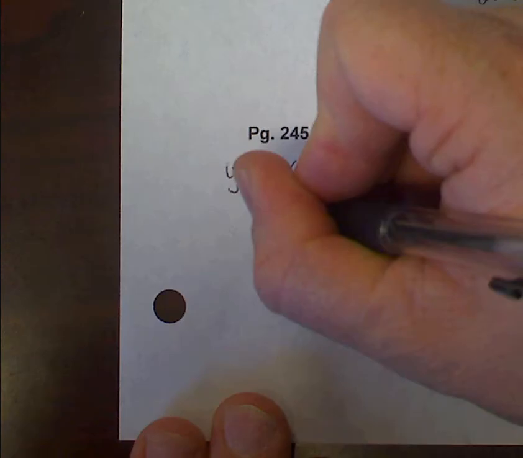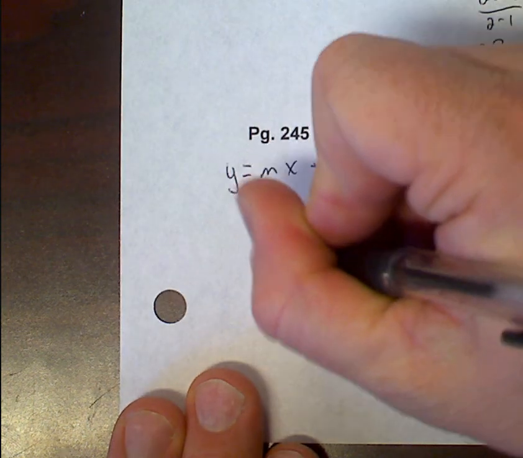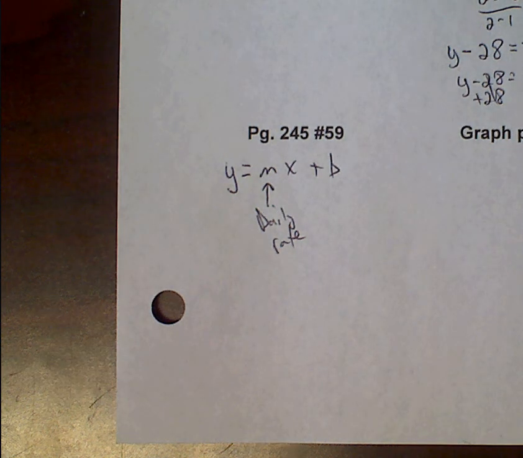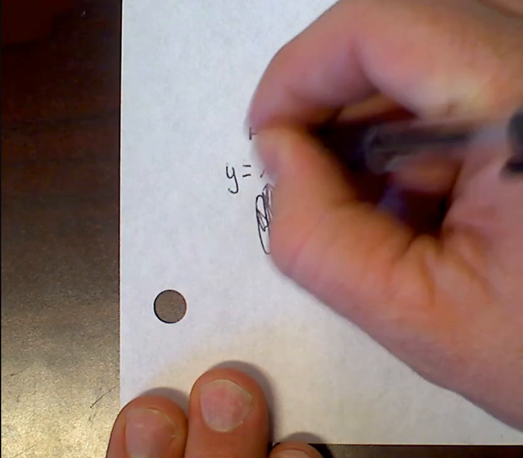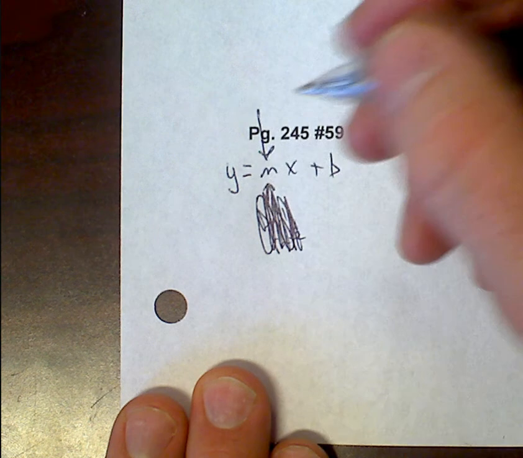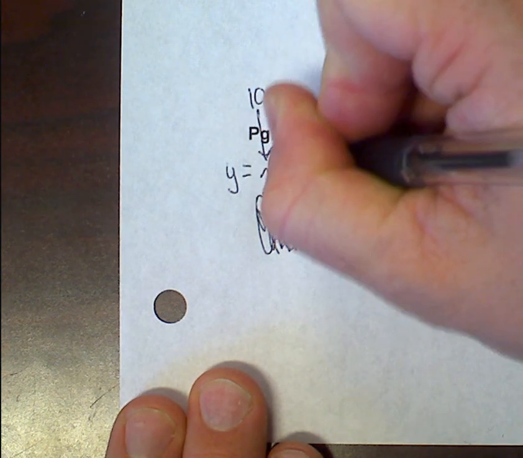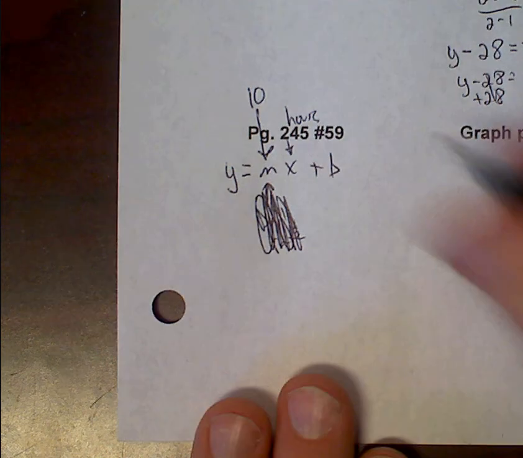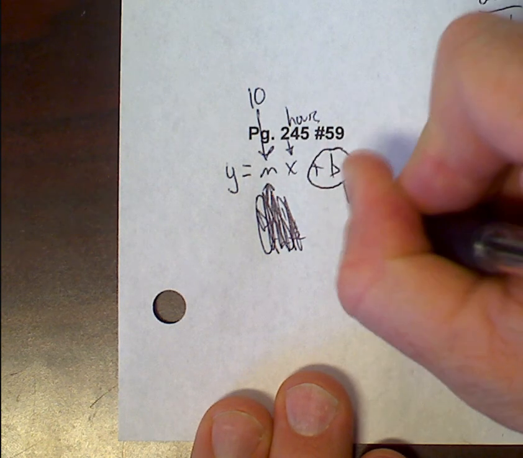So I have to find my daily rate plus 10 per hour. My m is per hour, so my slope is 10, and my x would have to be hours because it's per hour. That's my slope. And then my b has to be the daily rate.